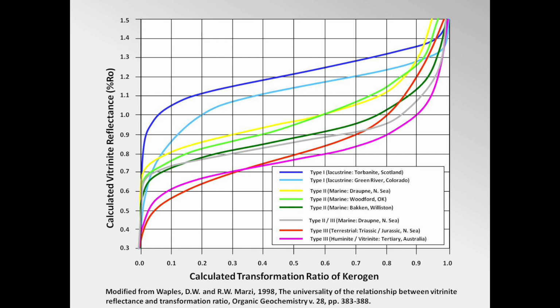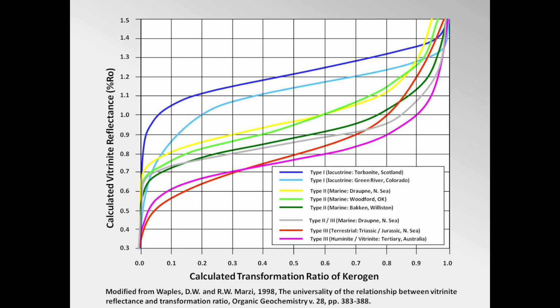This plot shows the relationship between vitrinite reflectance and transformation ratio for several different kerogens taken from published data. And it's very clear that there are very different relationships for different kerogen types. In this plot, vitrinite reflectance and transformation ratio are both calculated values.